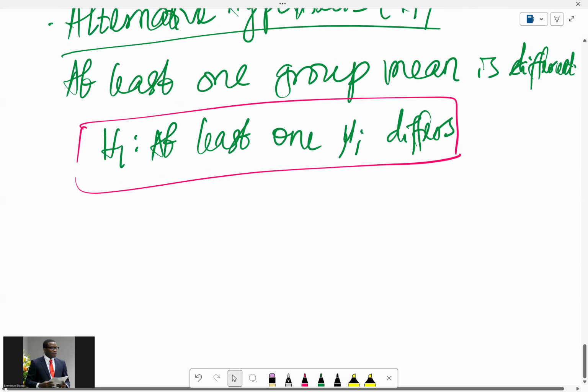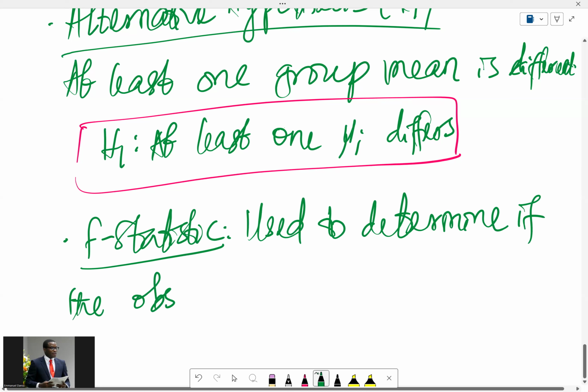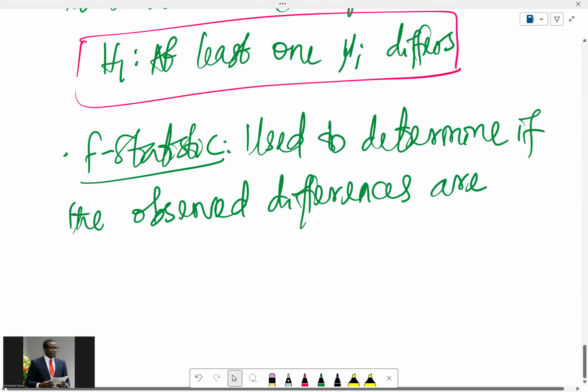Now, we also have the F statistic. This is the test statistic for ANOVA. It is used to determine if the observed differences are statistically significant.